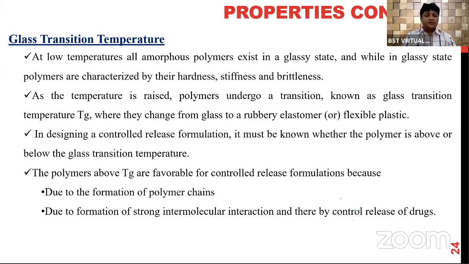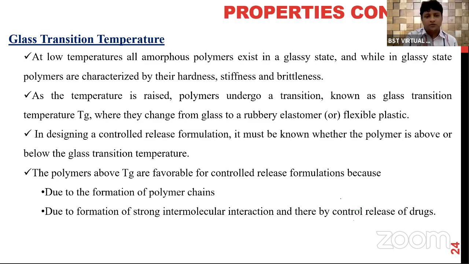We can predict that the bonds formed will be more elastic and stronger, so water or the solvent system cannot easily penetrate into the polymer or break it down. The dosage form will then give a control release, controlling the drug release from the dosage form to the external environment. That's why glass transition temperature is so important.